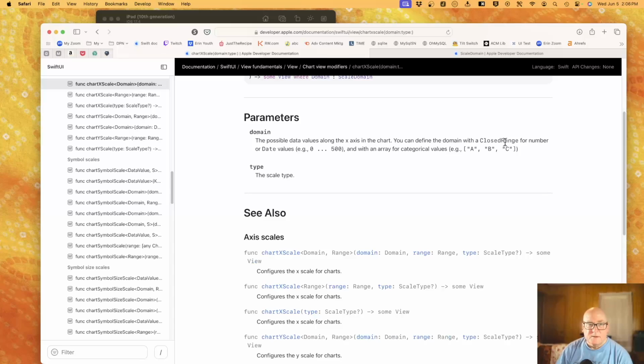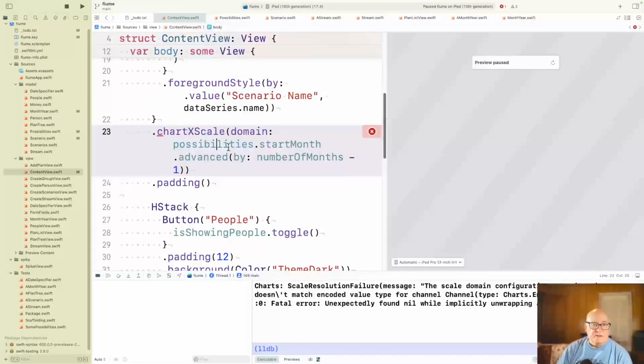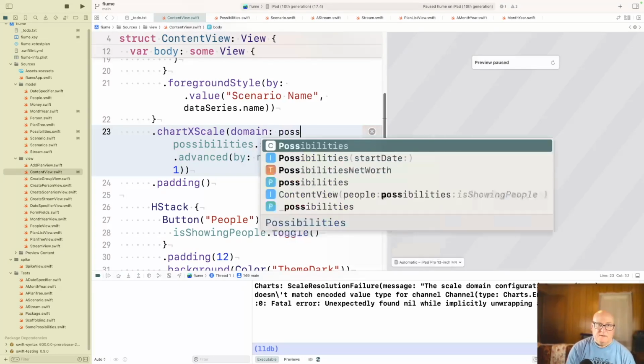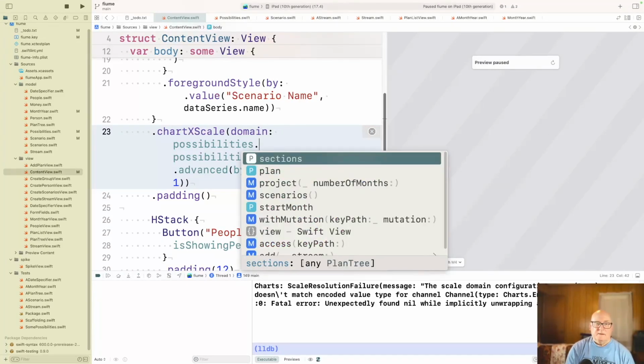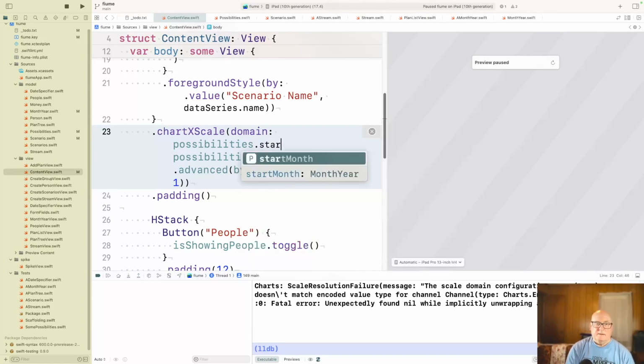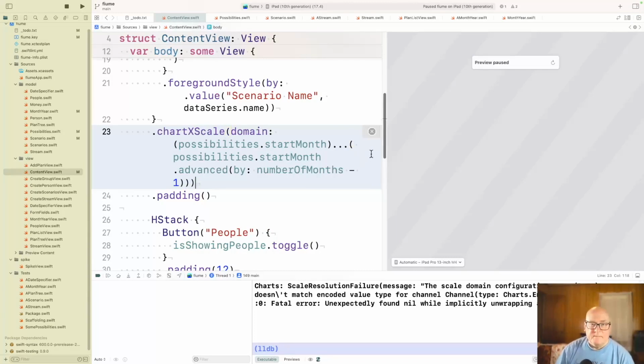You can define the domain with a closed range for numbers or date values. Yeah, it used to be 1 to 360. So I changed it to start month advanced by. Oh, it's not a range, is it? Is that?